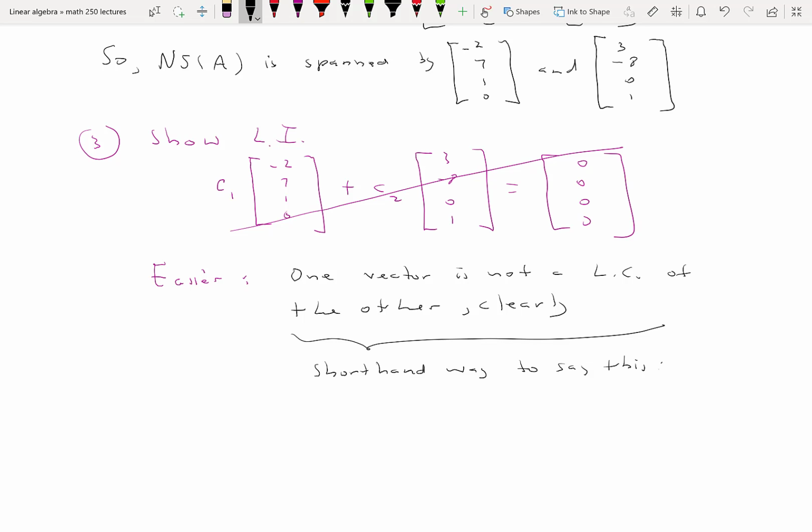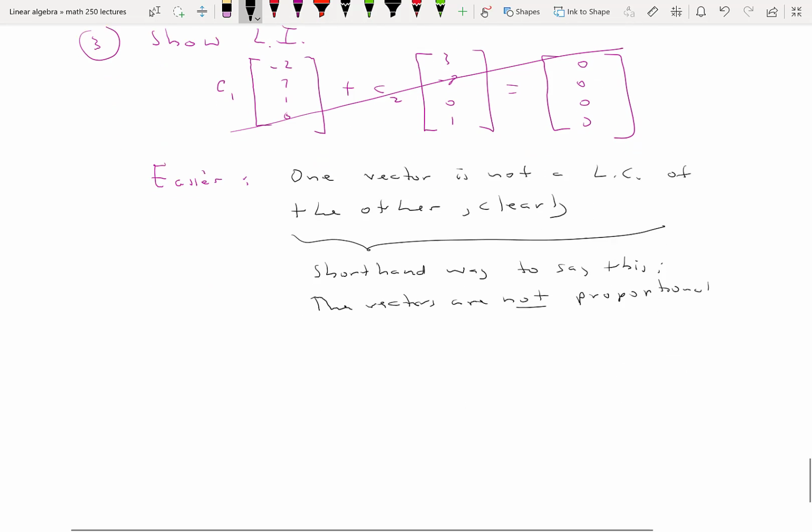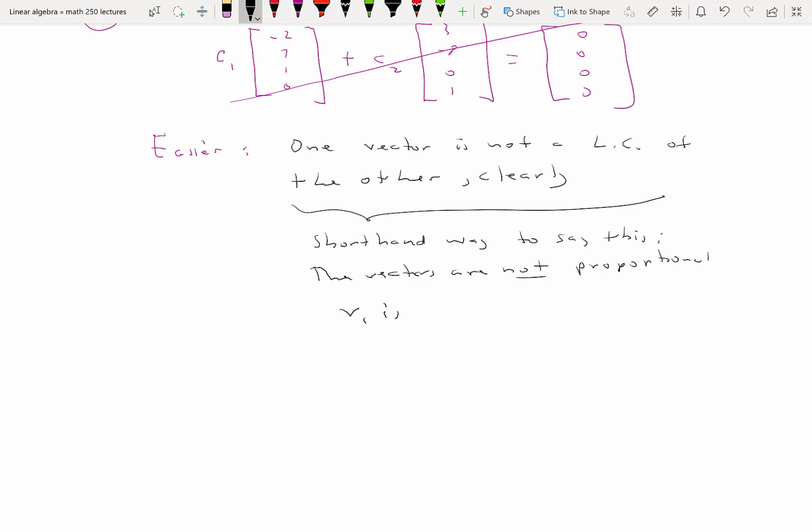The shorthand way to say this is the vectors are not proportional. V1 is proportional to V2 if V1 is a scalar multiple of V2. It only works for 2 vectors.